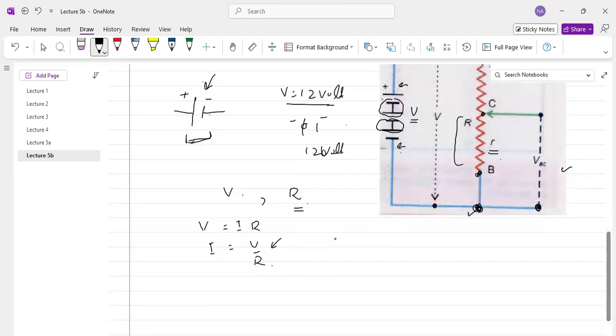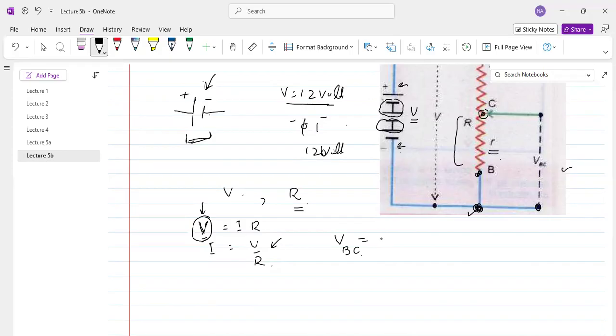Ohm's law tells us that the potential difference between 2 points, in the present case point C and point B, is equal to current times resistance. In order to distinguish it from the potential difference between fixed terminals A and B, which is equal to the battery potential difference denoted by V, we write the potential difference between C and B as VBC.